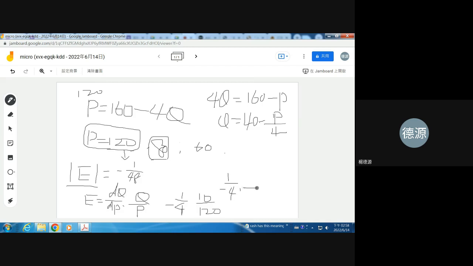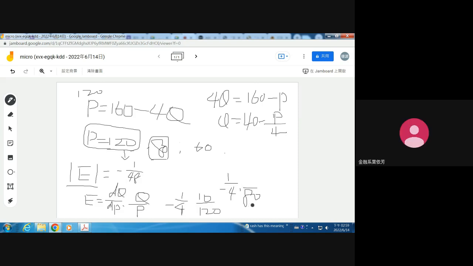And times here, the price is 80. So how much is the quantity? Price is 80. How much is the quantity? 20.